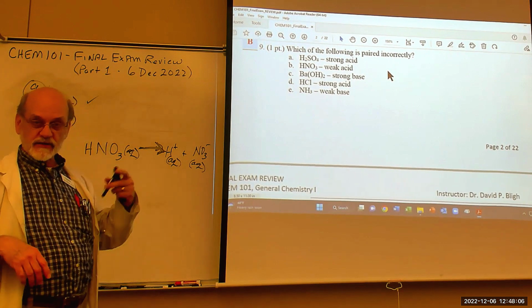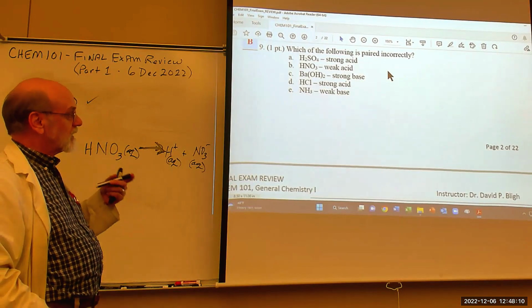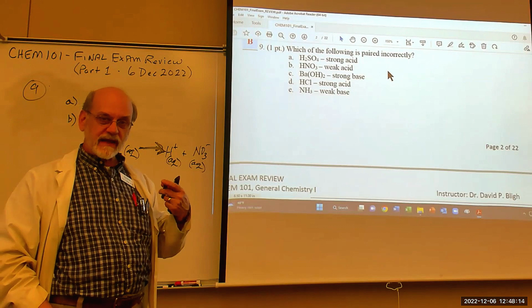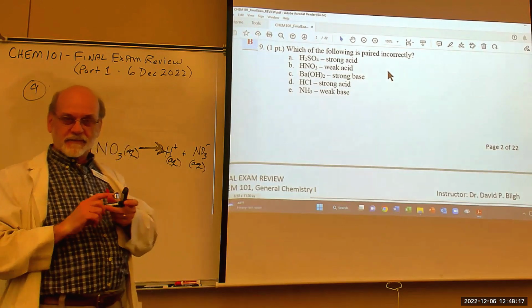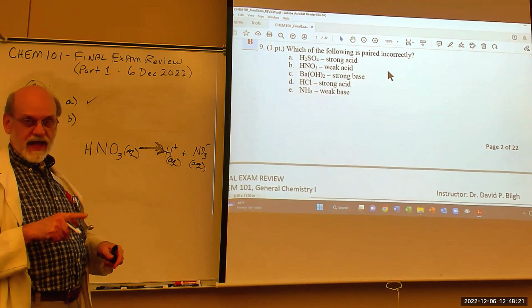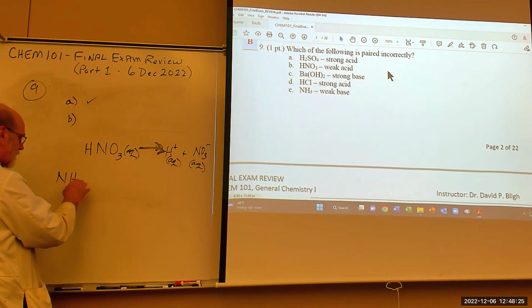Barium hydroxide is a strong base. Hydrochloric acid is a strong acid. And NH3, ammonia, is a weak base. Remember, and this is in terms of the Bronsted-Lowry acid-base definition, this is a weak base. Why?